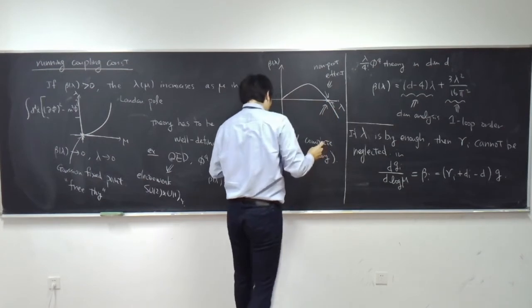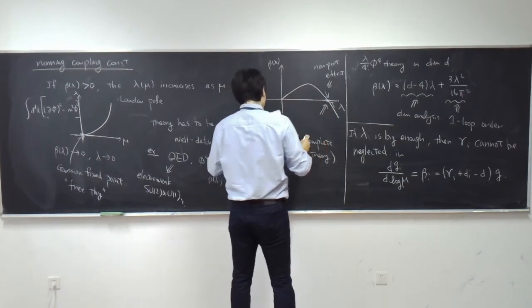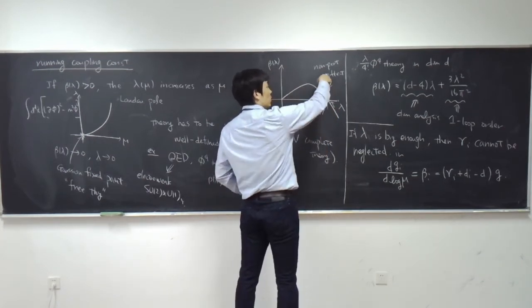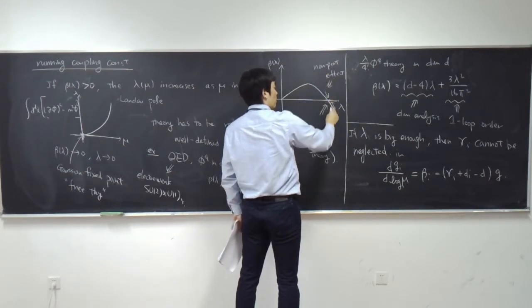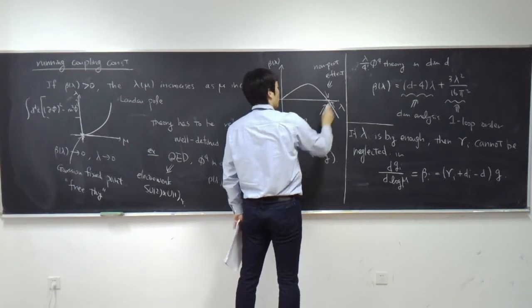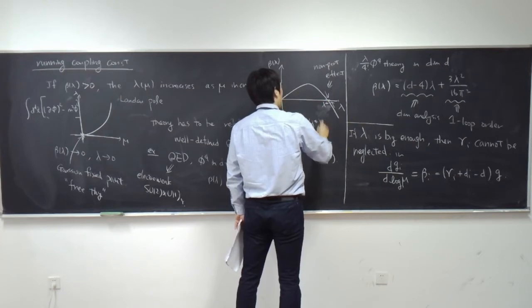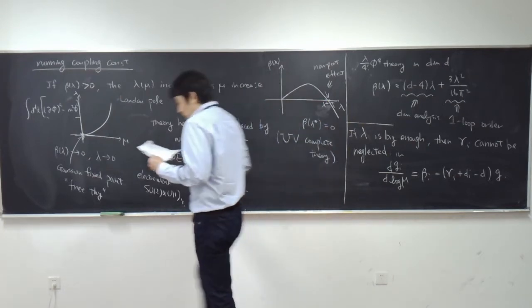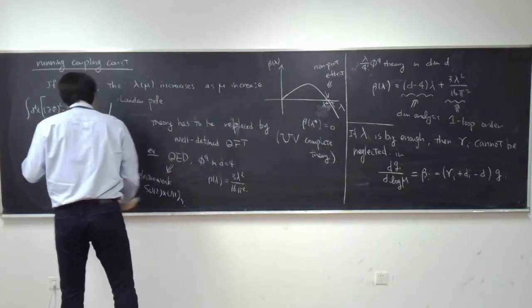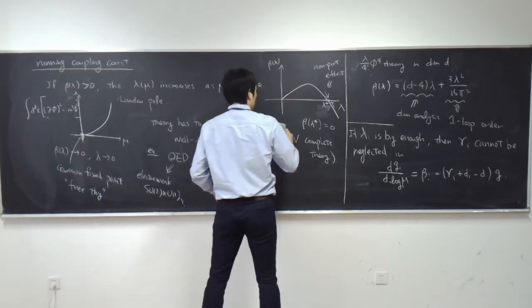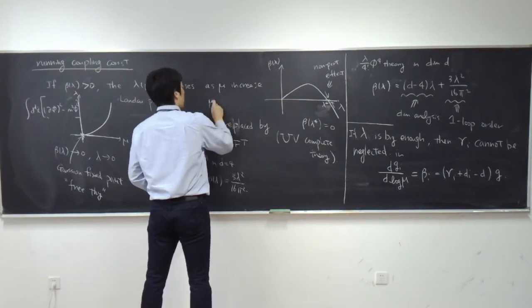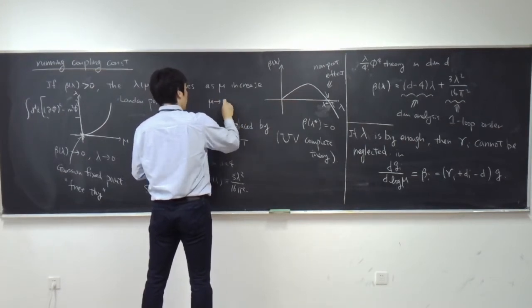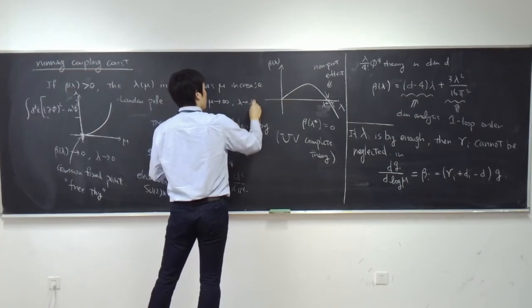Then the beta function vanishes, and the non-perturbative effect will sometimes give you a beta function that vanishes at some point lambda star. So beta of lambda star is equal to 0. When mu goes to infinity, lambda approaches lambda star.